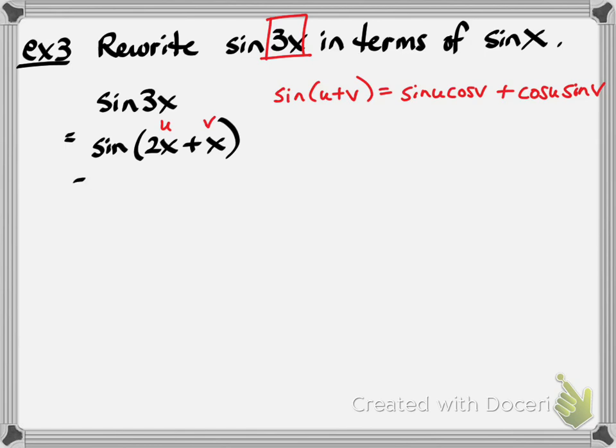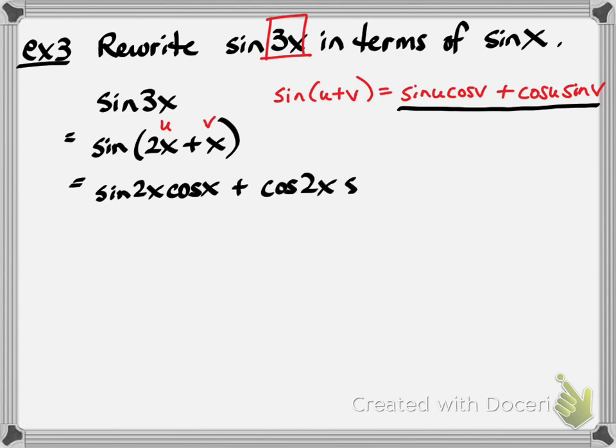So that means that when we do this with our u and our v, we get sine 2x cosine x plus cosine 2x sine x. And we'll just kind of get everything to sine of a single angle. I can use my double angle formula there, 2 sine x cosine x. And then we just need to bring this one down.